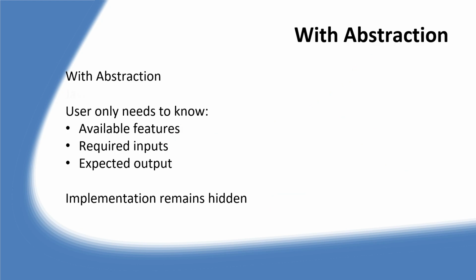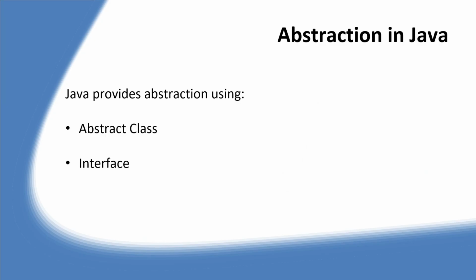So abstraction, how is it achieved? In Java, abstraction is mainly achieved using two concepts. The first is abstract class and the second is interface.